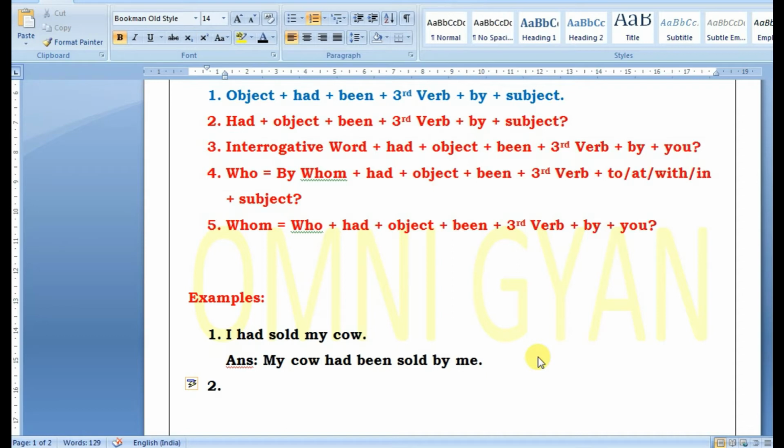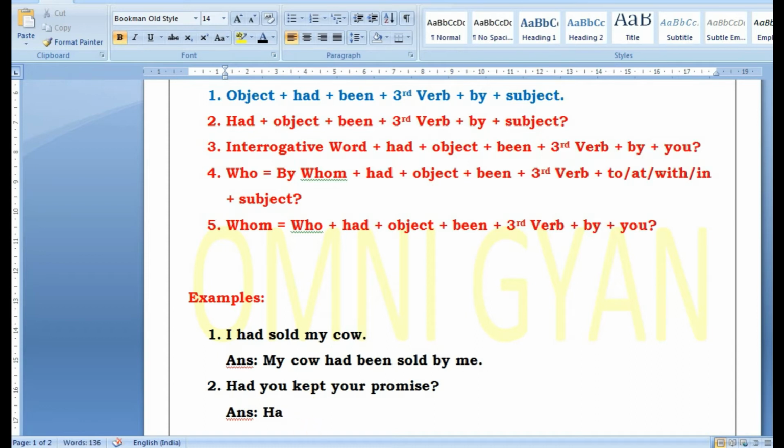Second example, with rule number 2. Had you kept your promise? The sentence begins with had. Your question begins with had, so you will also begin your answer with had only.